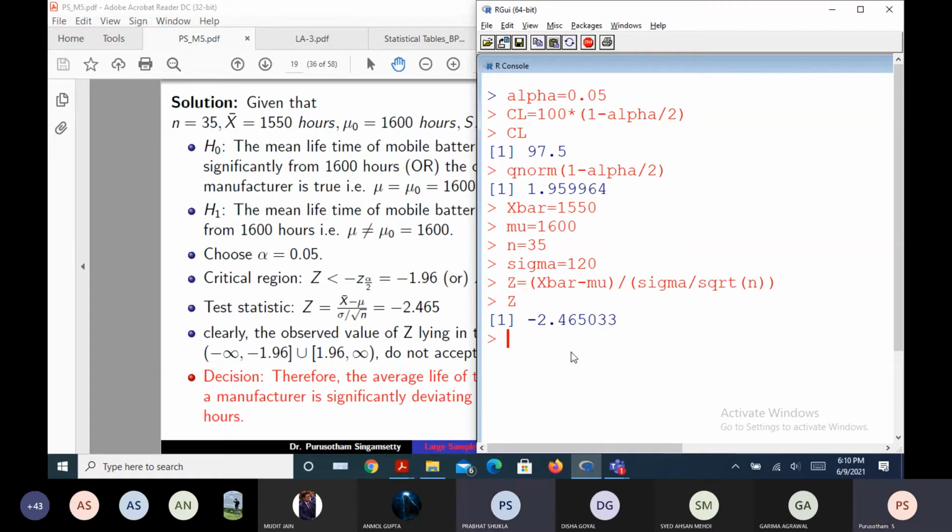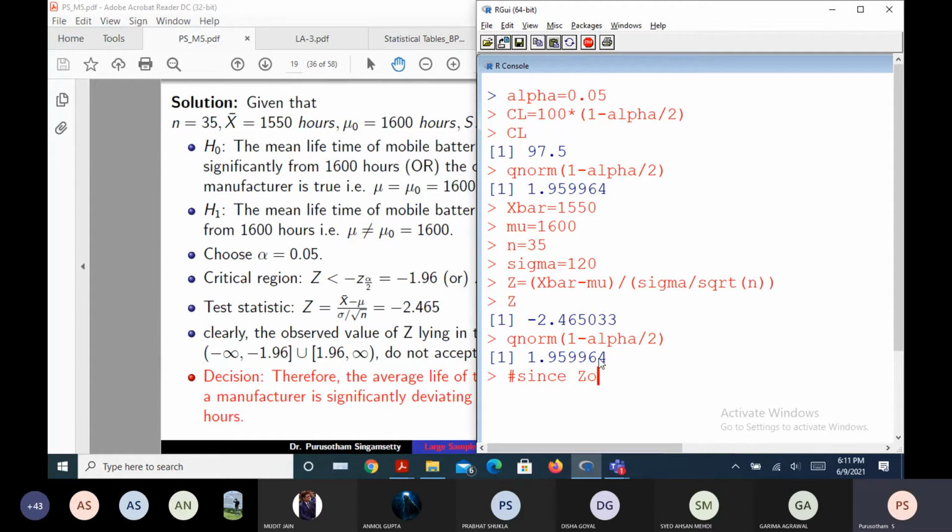Yes, sir. Now qnorm of that, 1.96. Hence this qnorm gives us the critical value.